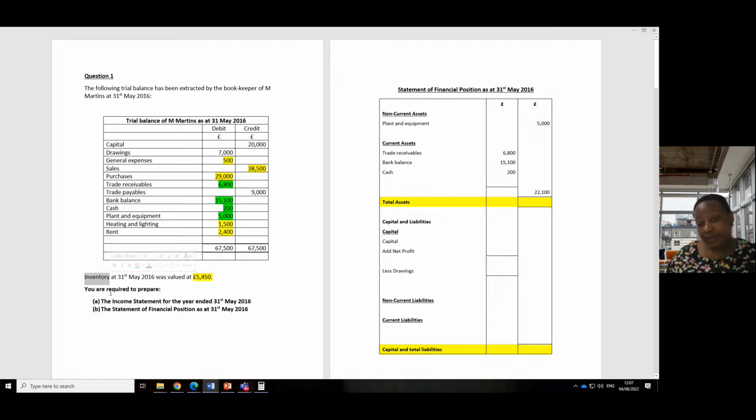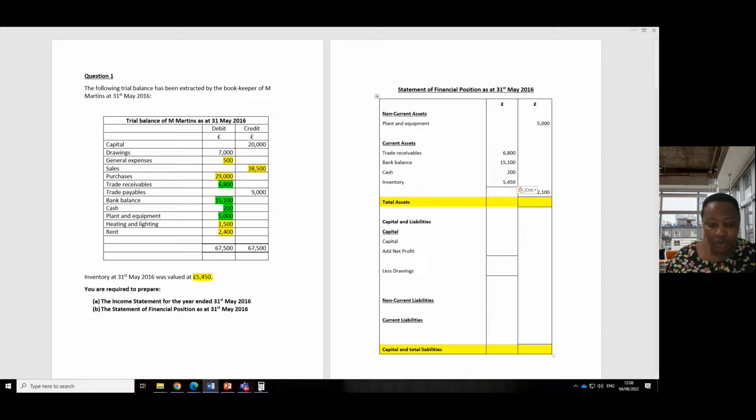So we need to be very careful to ensure that when we pick everything, we haven't missed our inventory. Our closing inventory would usually be included in our current assets. So our closing inventory is 5,450. If we had not put that, our calculations would have been wrong.